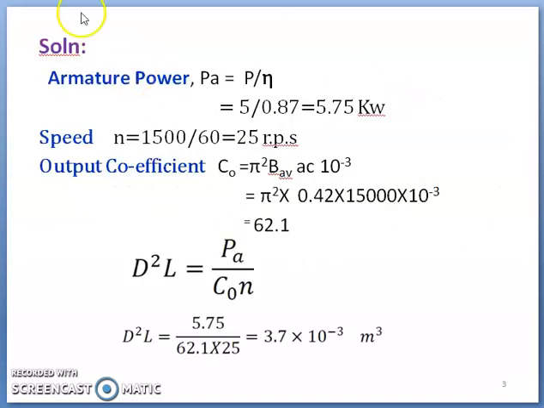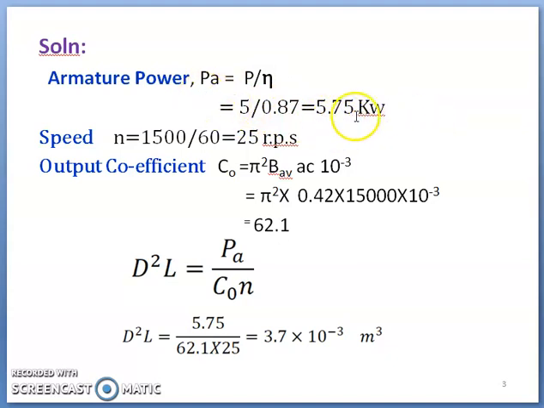Okay, you know armature power is given by Pa equal to P by eta and efficiency of machine is given as 0.87 and output is 5 kilowatt. Then Pa is equal to P by eta, that is 5 divided by 0.87, that will give 5.57 kilowatt.